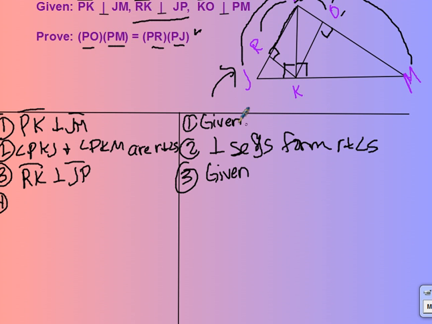So let's state that it's an altitude. We need to state that KR is an altitude.